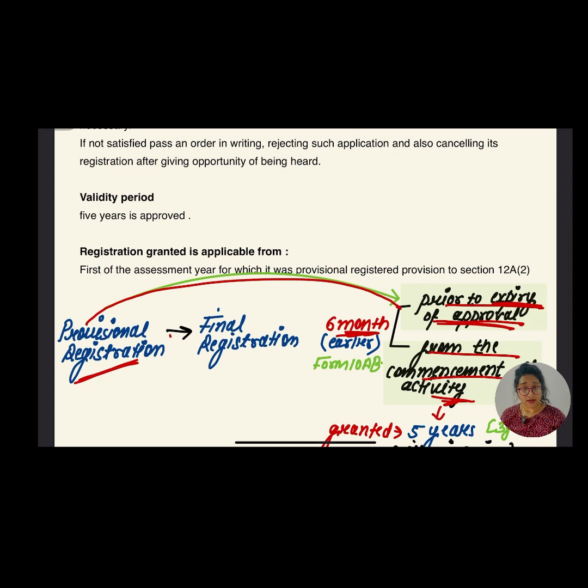So for the final registration, what do we have to do? 6 months prior to the expiry of that provisional registration, or 6 months from the commencement of activity. So there are 2 parts, and whichever happens earlier, we take that. Hope this point was clear.